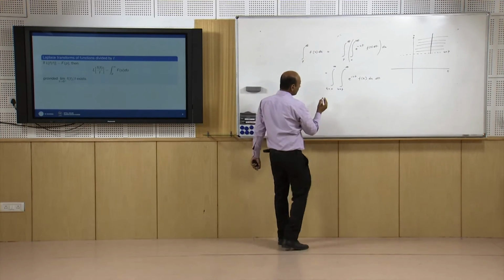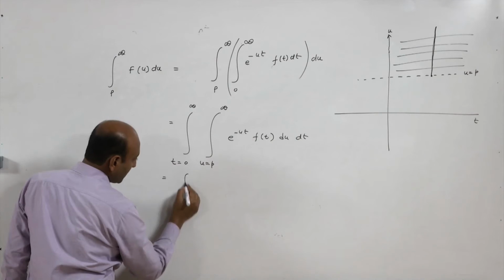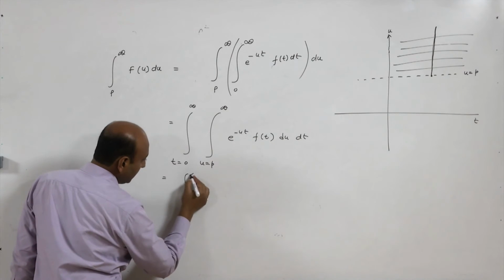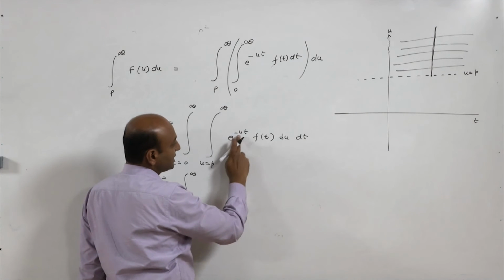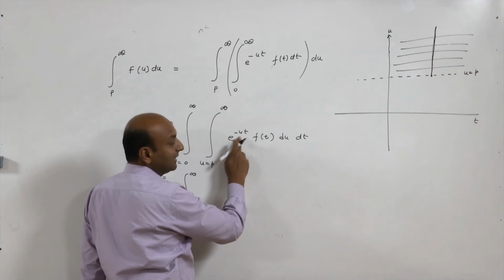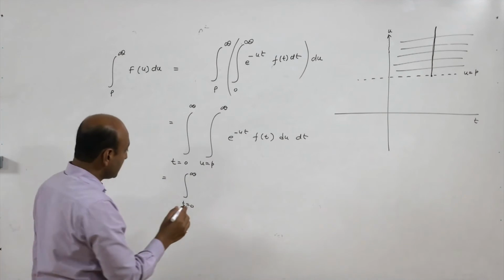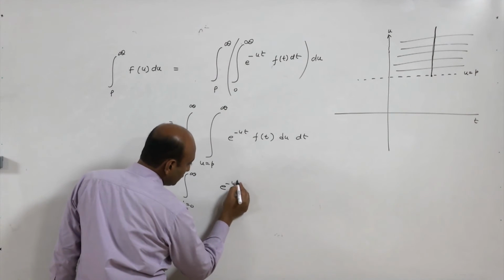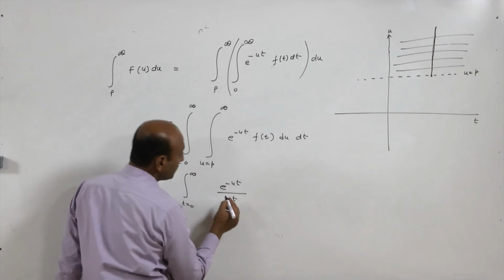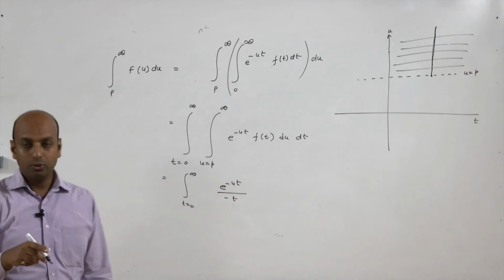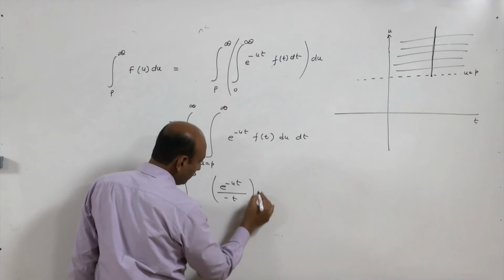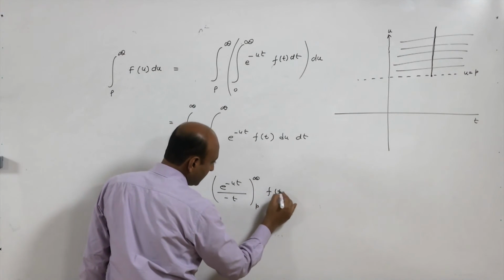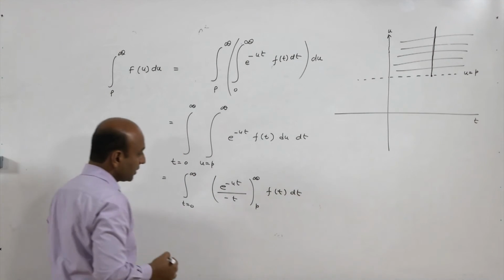So now this is equal to the integral with t from 0 to infinity. Now we have the u term only in this expression, so we can integrate with respect to u. It is nothing but e to the power minus u t upon minus t, because we are integrating with respect to u, with limits p to infinity, times f(t) dt.